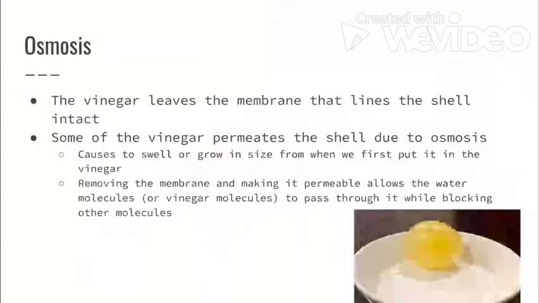And then some of that vinegar actually permeates the membrane due to osmosis, and it causes the egg to swell and grow in size from when we first put it in the vinegar. So it's growing in size because it's allowing water molecules and the vinegar molecules to pass through it to even out. So the vinegar and the egg both have the same amount of water to vinegar ratio.